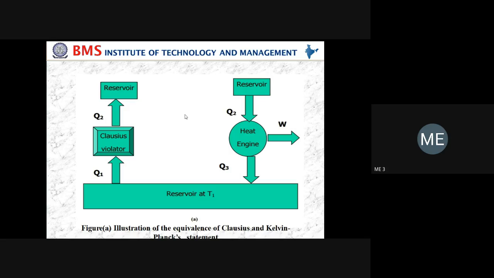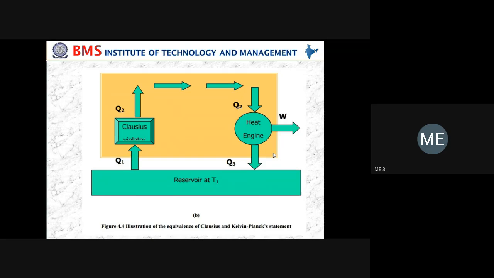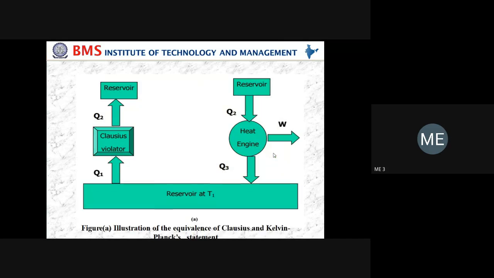Next, this is mainly related to our heat engine. This is the separate diagram. So the reservoir, and this is the heat engine. W is the net work output from the heat engine, and Q2 is the amount of heat taken from the reservoir, and this is the heat engine, and Q3.